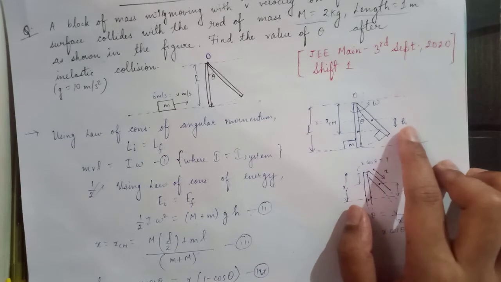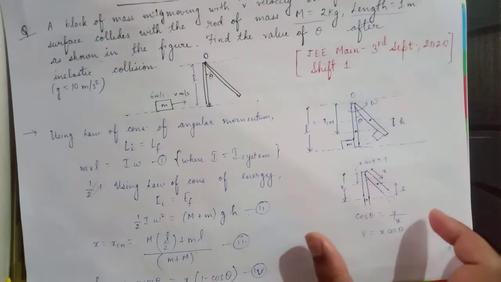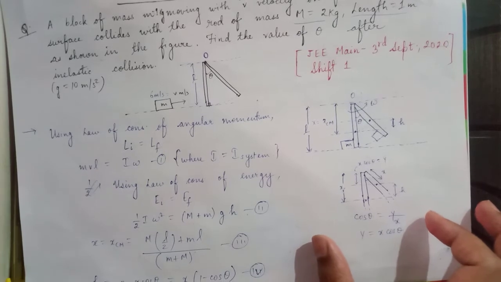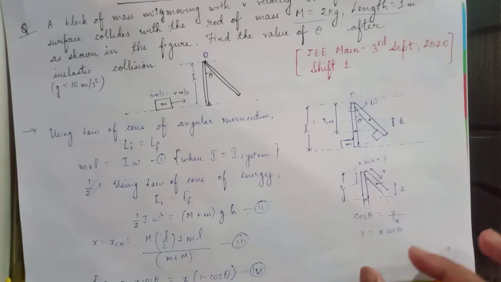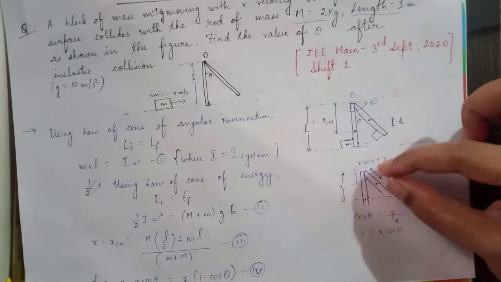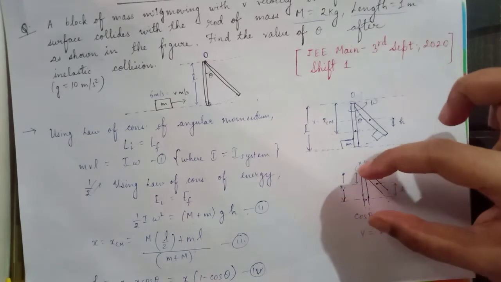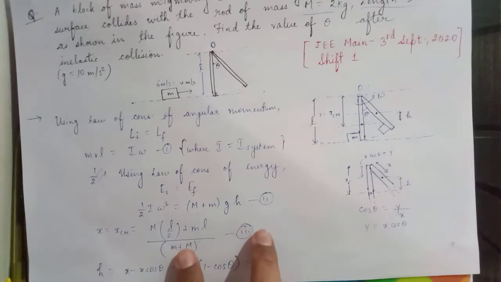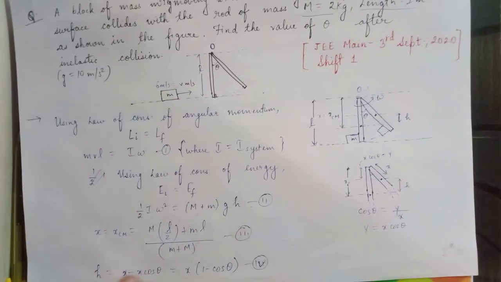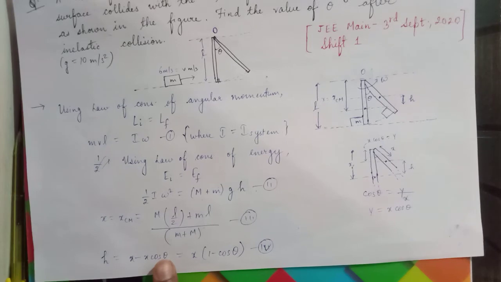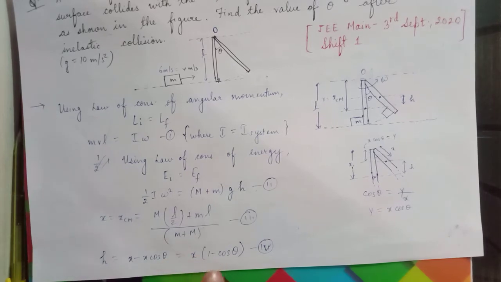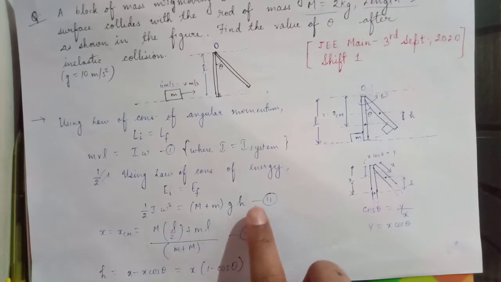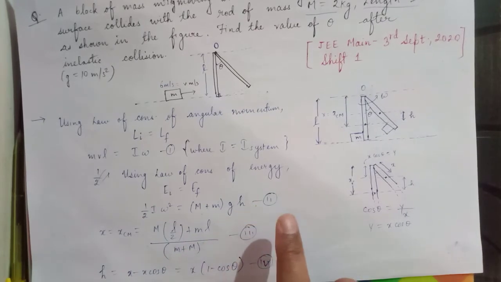So for calculating this small h, you can refer to this diagram, from which we have applied some trigonometry and found the value of this part, so that we can subtract it from this one to get the value of small h. So we have got the value of small h as small x minus x cos theta. We are going to put the value of small h in equation 2.